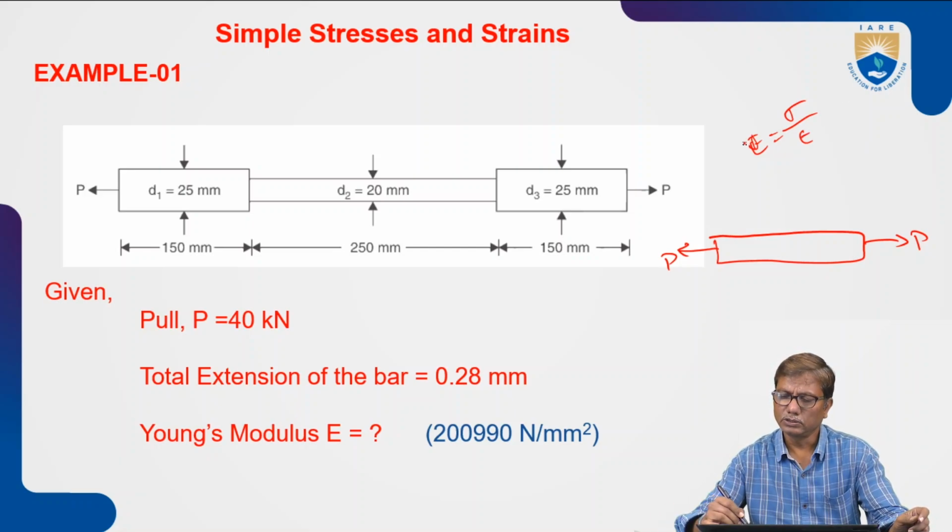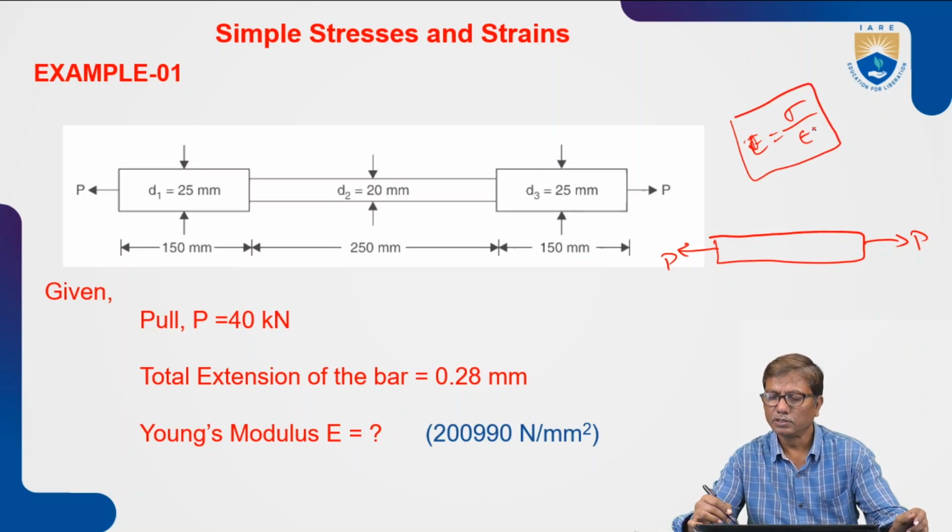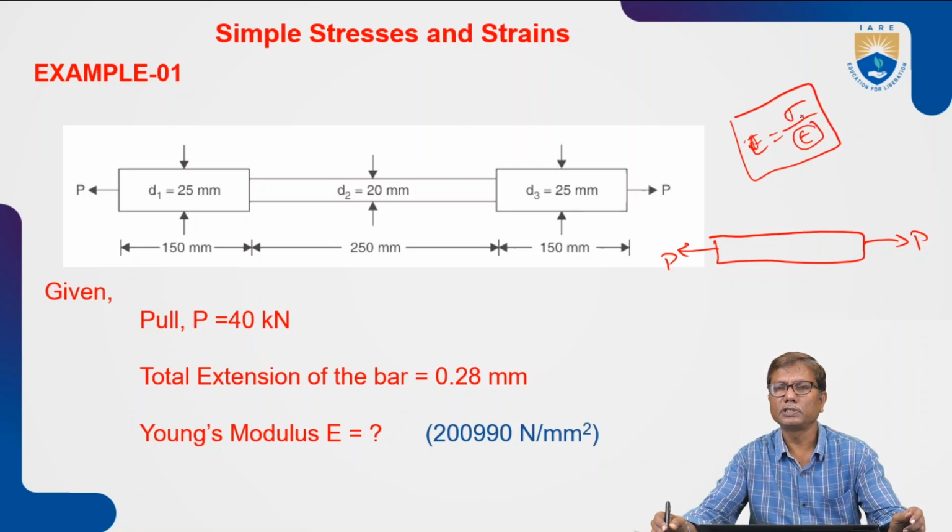By Hooke's law, you know the relation E is equal to stress by strain. So the strain to which the member is subjected is stress by Young's modulus.